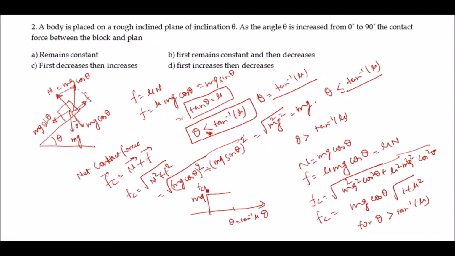This is the y-axis, we are plotting contact force, on the x-axis we are plotting theta, and afterwards we will see a cosine curve, with value equal to mg cos theta square root 1 plus mu square. So this is basically the graph. Now we will see the options. First remains constant and then decreases will be our answer, that is, the answer will be B.